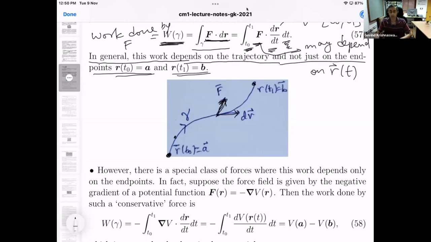So suppose the force field was such that it's possible to go from here to there in another route also, along a different trajectory. We can legitimately ask whether the work done along this trajectory is the same as the work done by the force along that trajectory. That is a legitimate question, but we don't have an answer to that. That depends on the details.